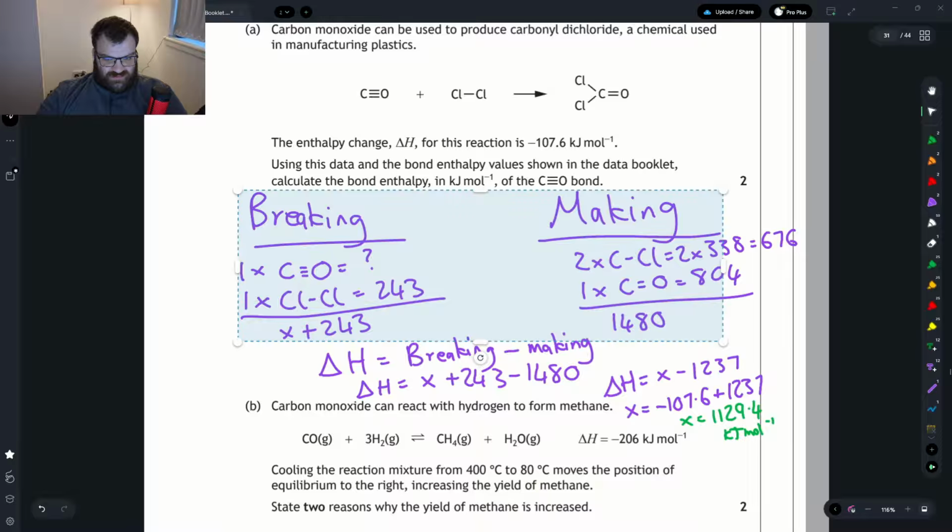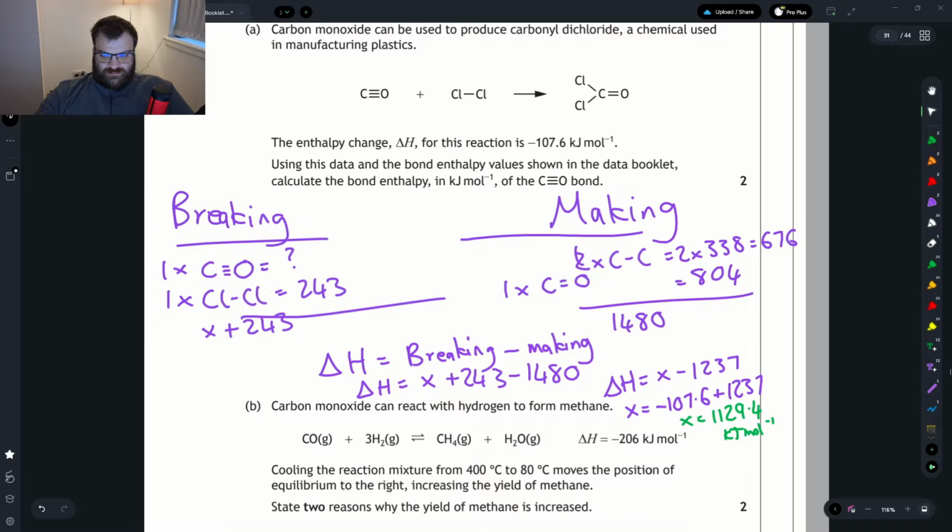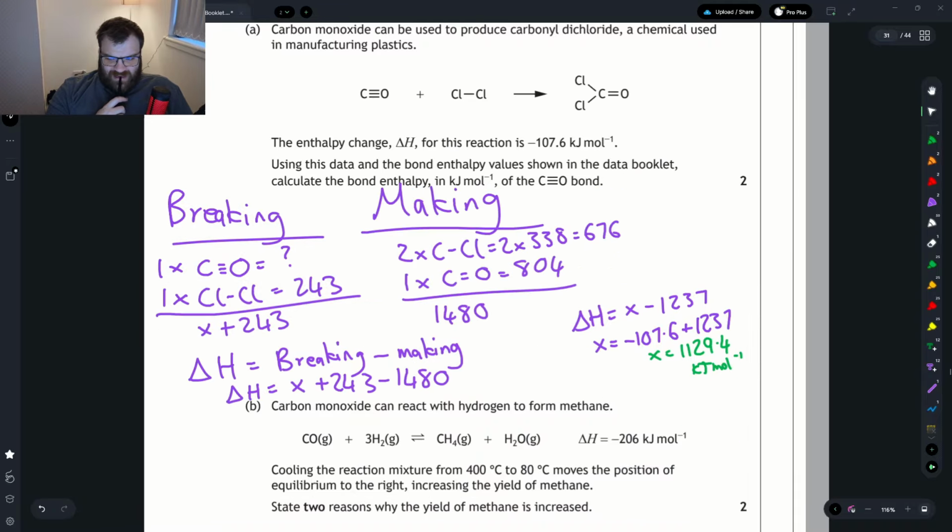Let's just rearrange this a little touch. Okay, there might be a more elegant way of doing that. I was just trying to make sure that I was going to come out with the right values at the end of it. Rearranging it in a way that spits out our missing number. To check that what we've said is correct, we can put the numbers back in, and our difference should be minus 107.6.